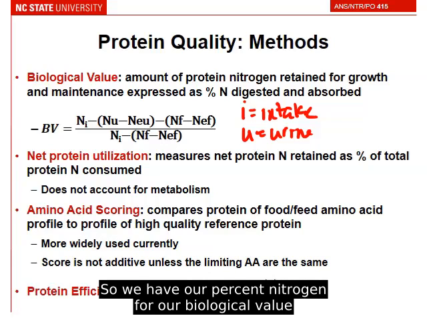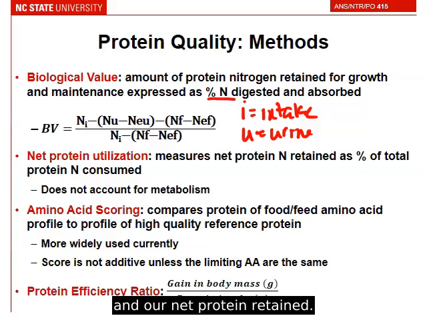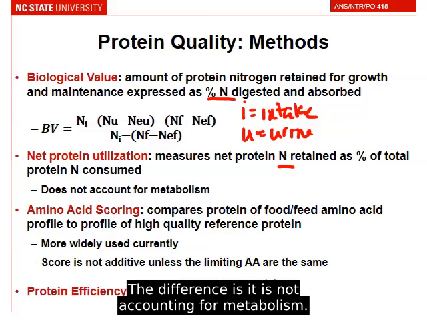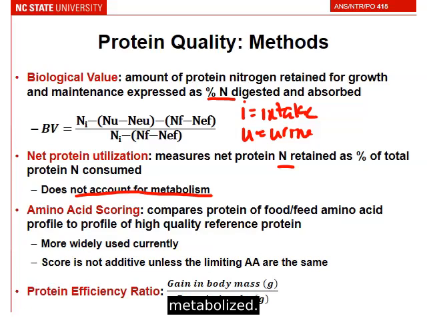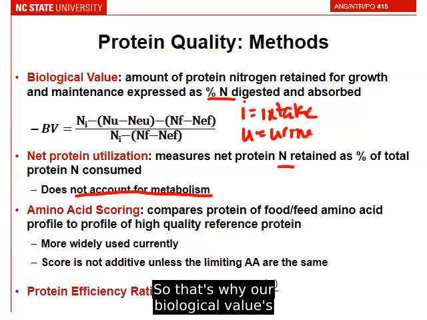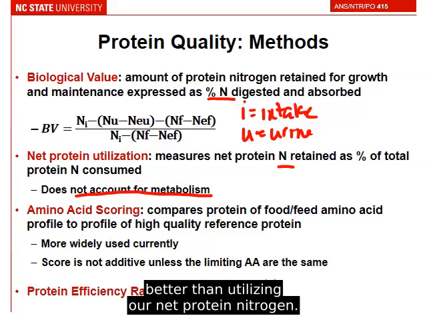So we have our % nitrogen for our biological value and our net protein retained. The difference is it is not accounting for metabolism. So we need to be able to account for what is actually metabolized. So that's why our biological value is better than utilizing our net protein nitrogen.